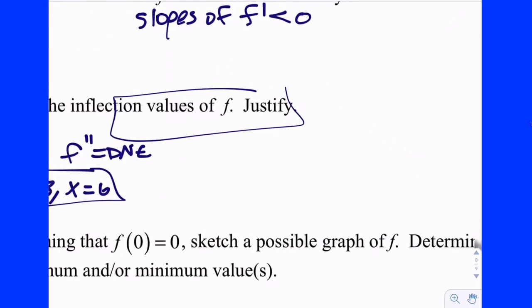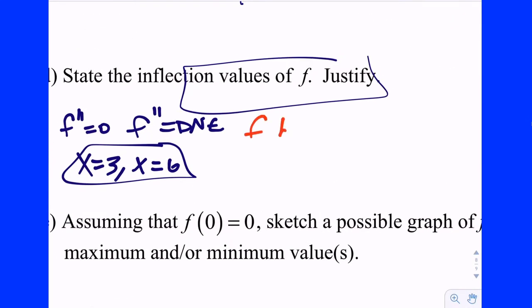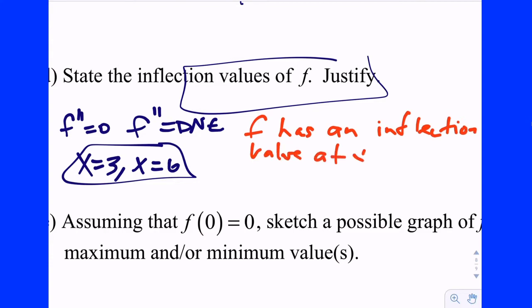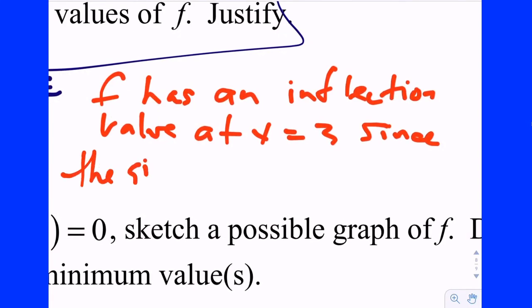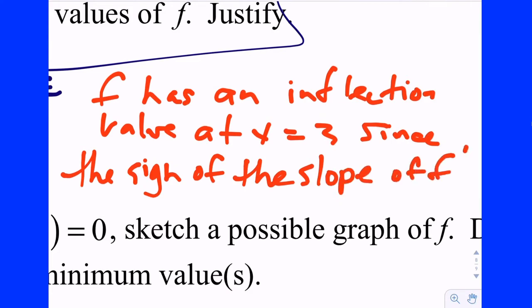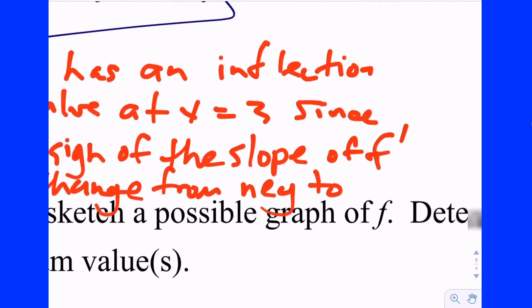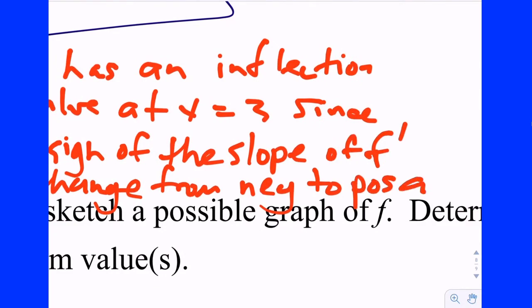Okay, so the sentence would be: f has an inflection value at x equals 3 since the sign of the slope of f prime changes from negative to positive at x equals 3.